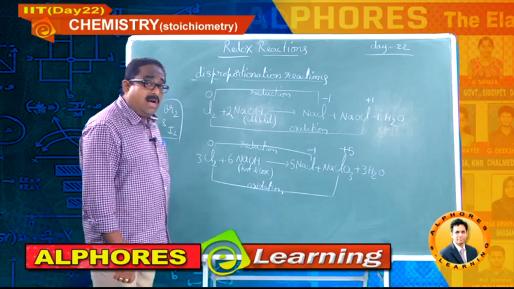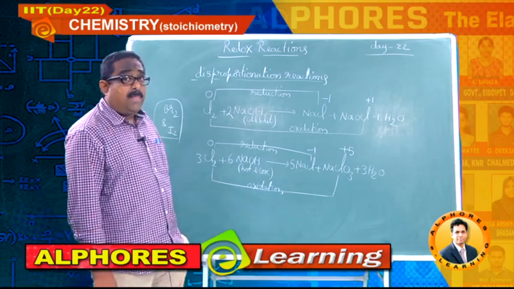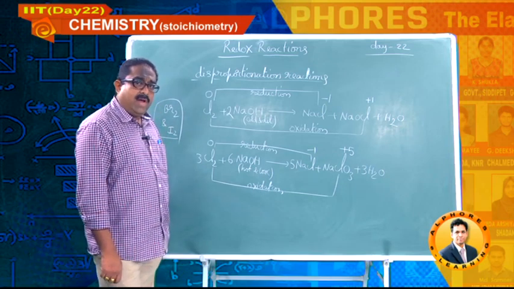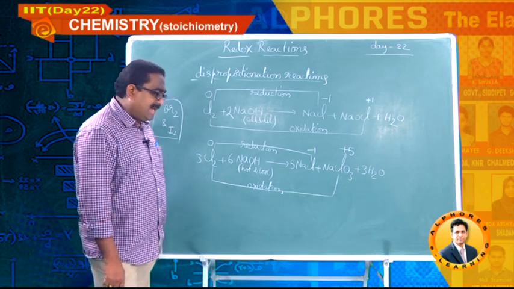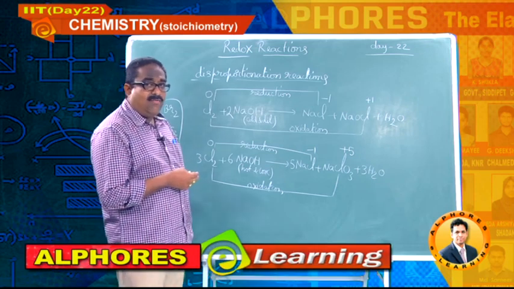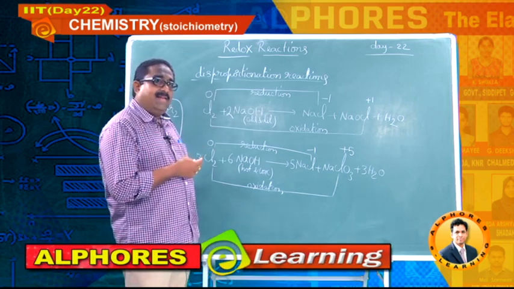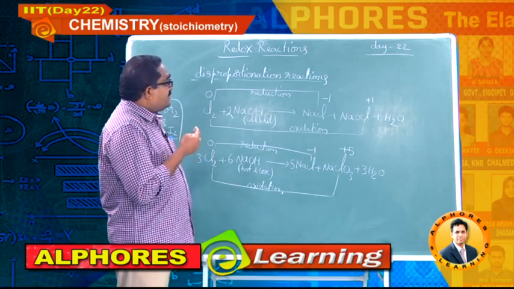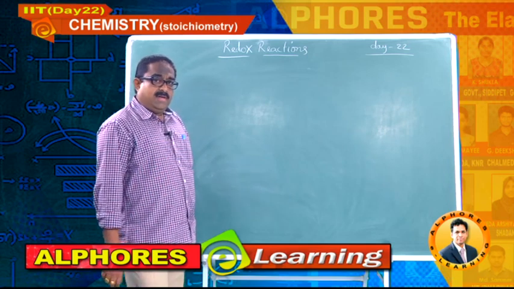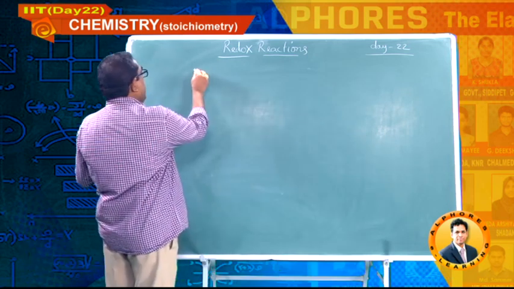All these three will undergo disproportionation, that is the same element is undergoing oxidation as well as reduction. Please note it down, students, and then I will go for the next type. Please write down.